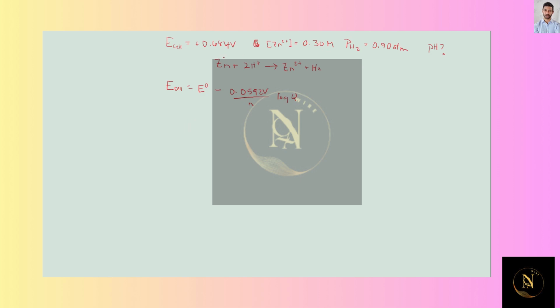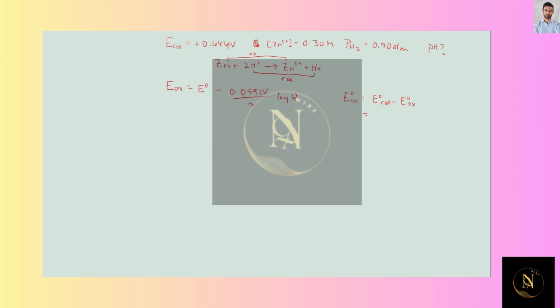So if we look at the reaction, we have to figure out what the oxidation and what the reduction is. Here zinc is going from 0 oxidation number to 2+, so it's being oxidized. That's my oxidation reaction. And here hydrogen is going from +1 to 0, so it's being reduced. So E° cell is equal to the reduction potential of the reduction reaction minus that of the oxidation reaction.